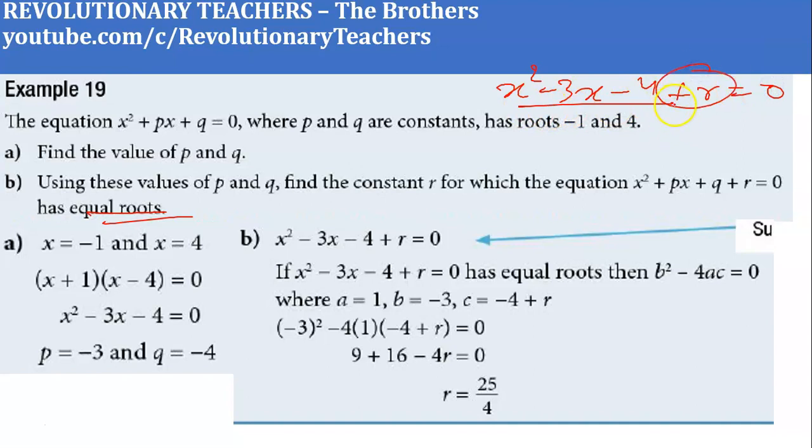What should be added to this so that you get two equal roots? Now for that, this will be considered as your C. What is A over here? A becomes 1, B becomes minus 3 and C becomes minus 4 plus r, or you can say r minus 4.